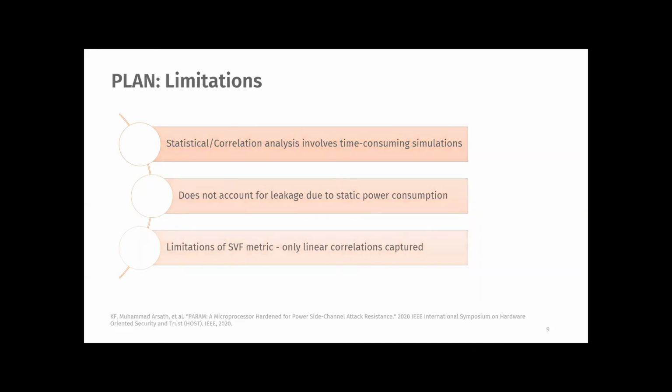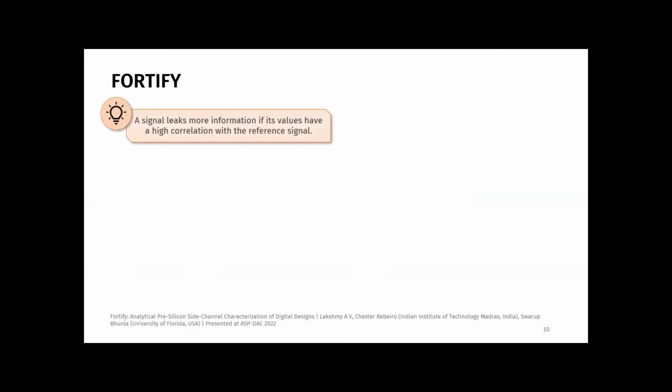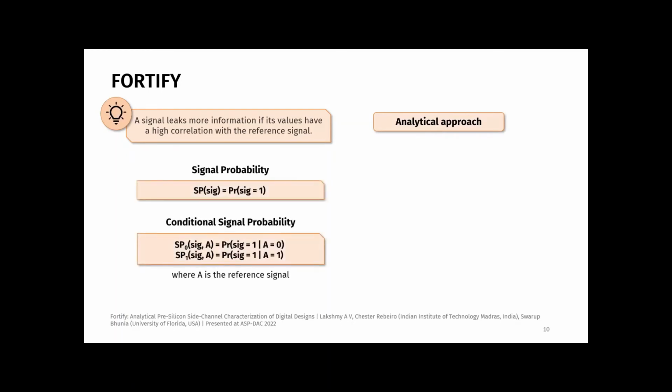Now I'll move on to the second tool, which is Fortify. Like plan, Fortify is also based on the idea that a signal leaks more information if its values have a high correlation with the reference signal. But unlike plan, Fortify applies an analytical approach to quantify this correlation using the notion of signal probability and conditional signal probability.